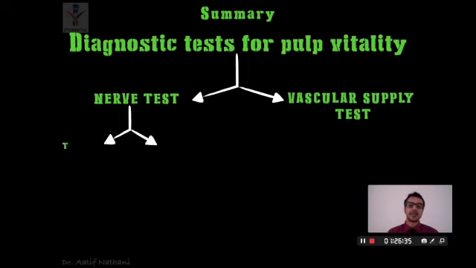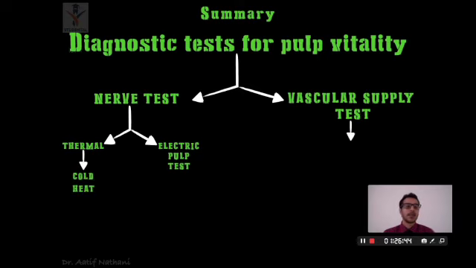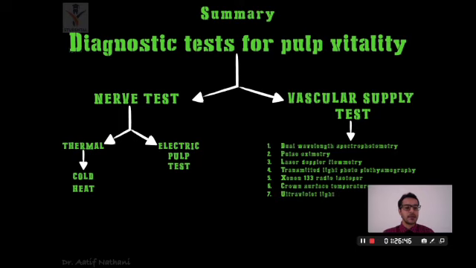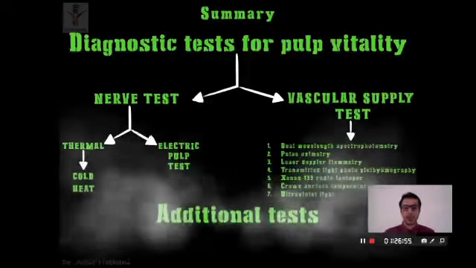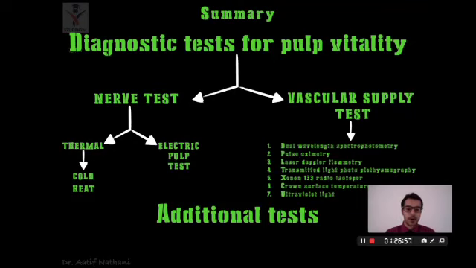Nerve test can be divided into thermal test and electric pulp test. Thermal test is again divided into cold test and heat test. Then you need to enumerate at least the names of the vascular supply tests, which are not clinically available and practically possible, but you need to write them down, and then explain in short the additional tests, which are selective anesthesia, biting test, and test cavity.